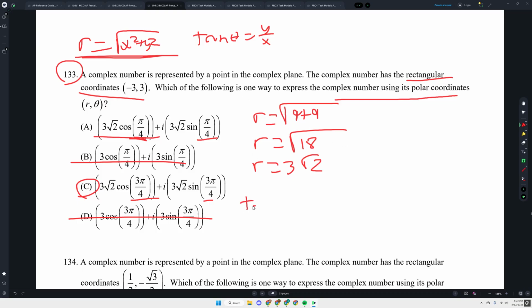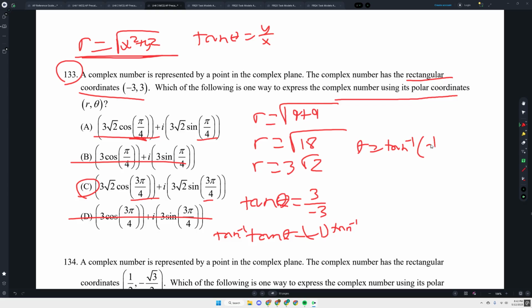Tan theta is equal to 3 over -3, which means tan theta is equal to -1. Find the inverse of both sides, so multiply by tan inverse, which means now theta is equal to tan inverse of -1.